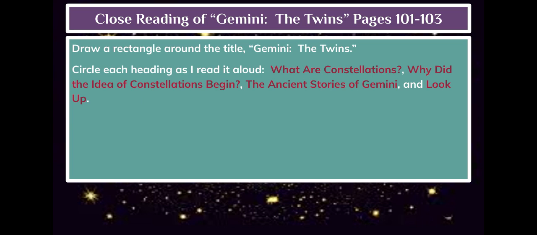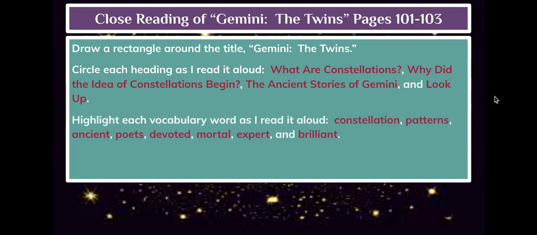Next, mark each bold vocabulary word as I read it aloud. Constellation. A constellation is a group of stars that form a shape. Say constellation. Gemini is a constellation. It is also called the twins. Patterns.